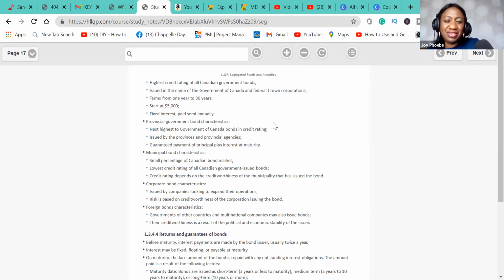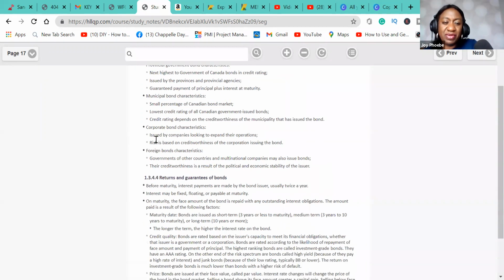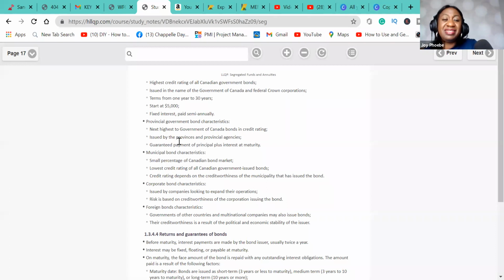Terms from 1 year to 30 years and starts from $5,000. Fixed interest paid semi-annually. Okay, so these are the characteristics of Canadian government bonds, right? You can lend your money to the government from 1 year to 30 years, but the minimum has to be $5,000.